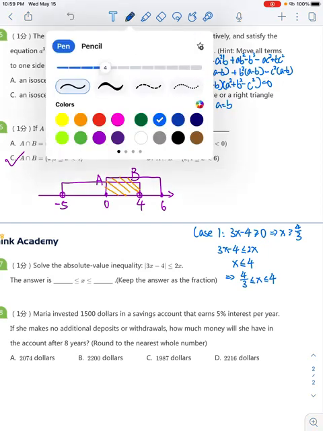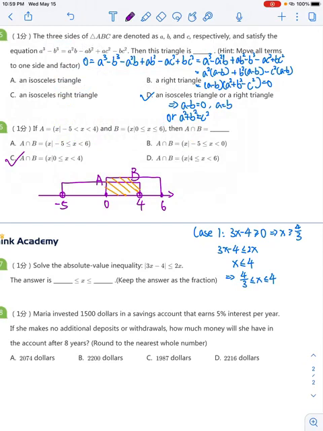And then we can also look at the second case, which is when 3x minus 4 is less than 0. And we also have x is less than 4 over 3. Okay, so in this case here, we are going to have the opposite of 3x minus 4 is less than or equal to 2x.